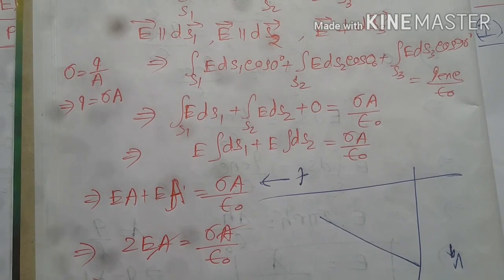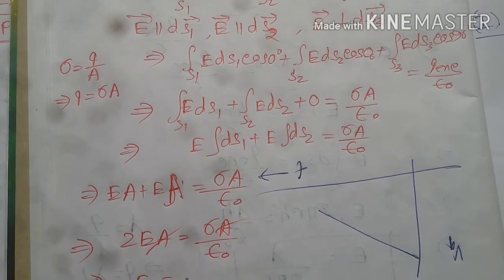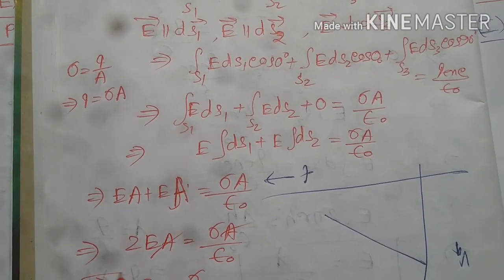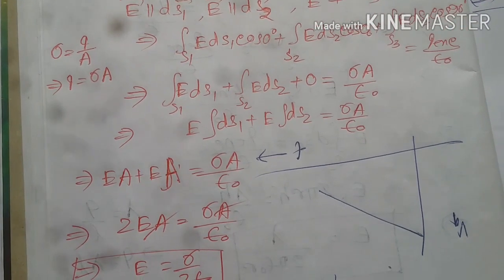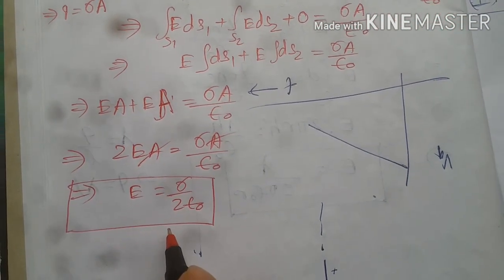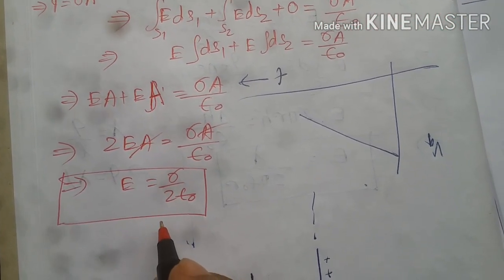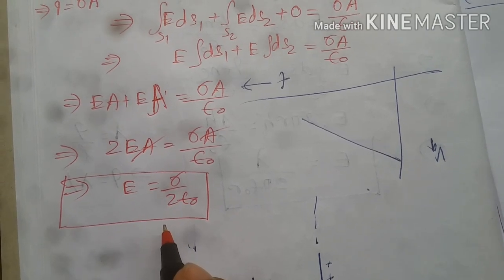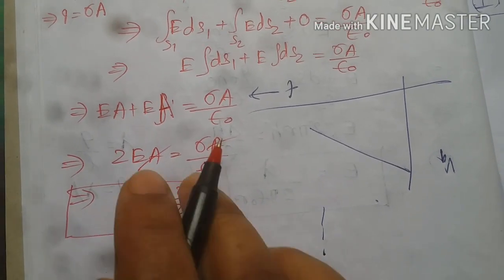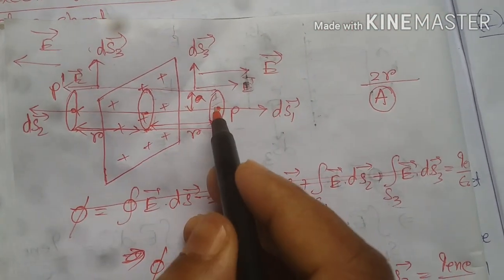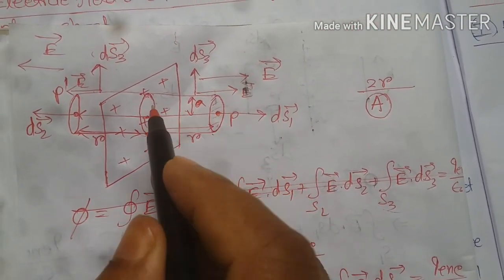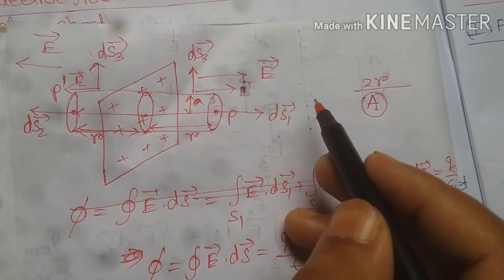A gets cancelled, and you will get E equals sigma by 2 epsilon naught. So this is the electric field at a distance r due to an infinite plane sheet, and this electric field is independent of r, that is, it doesn't depend on the distance of the point from the plane sheet.